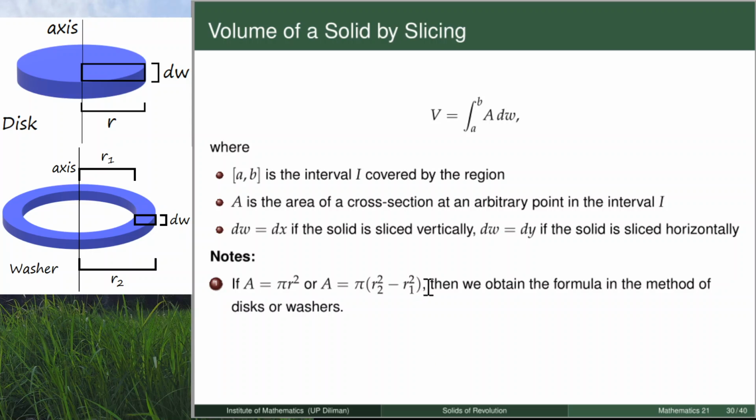Or if A is pi times r2 squared minus r1 squared, then the cylinder we obtain is a washer. And thus, we have the formula in the method of washers here. Thus, we can say that the method of disks or washers are just special cases of the method of slicing.